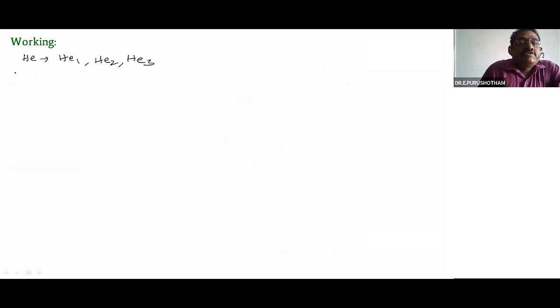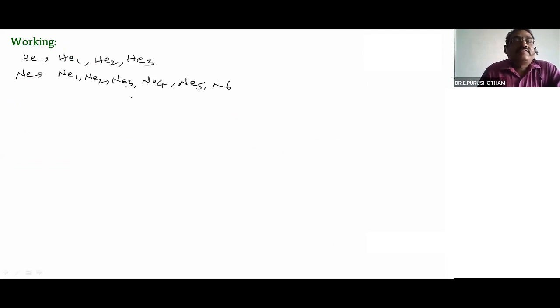So, working. You can see here, the helium atom has 3 energy levels: He1, He2, He3. The neon atom has 6 energy levels: Ne1, Ne2, Ne3, Ne4, Ne5, and Ne6.